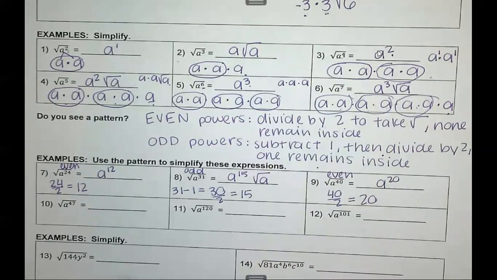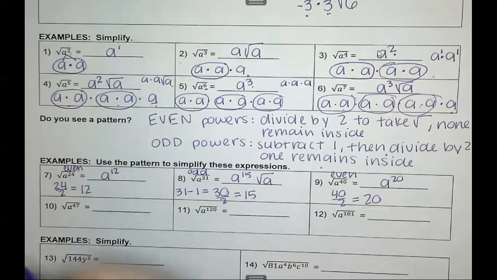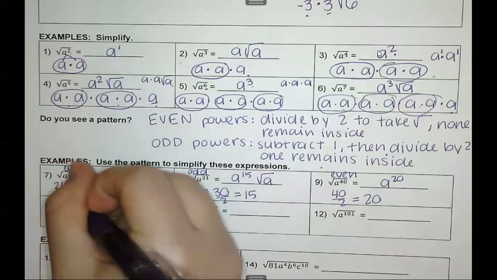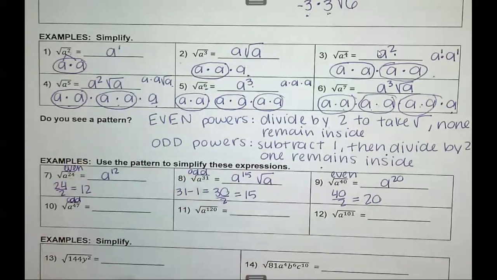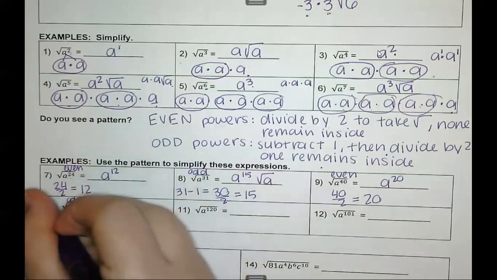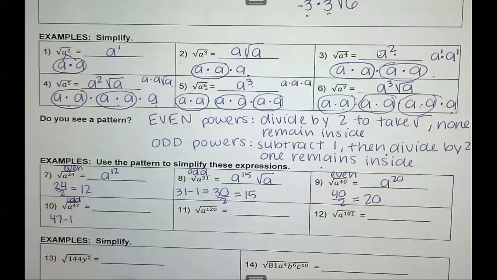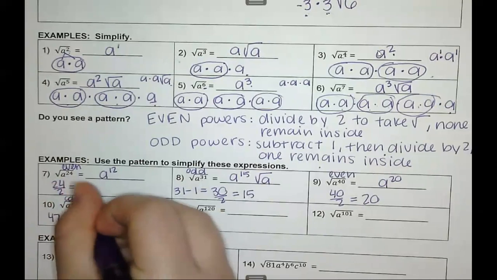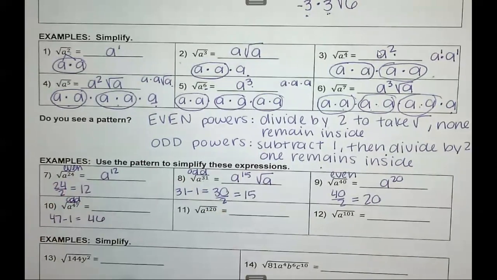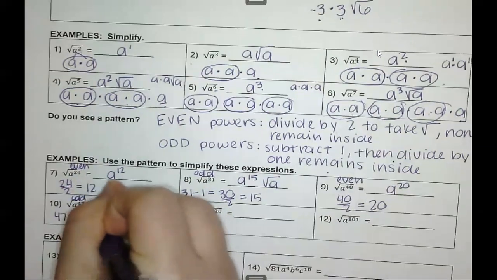Okay, now I'm going to try number 10. My exponent is 47, so this one is odd. Following my rule for odd, I subtract 1. So I'll have 47 minus 1, which gives us 46. After we subtract 1, it says we then divide by 2.